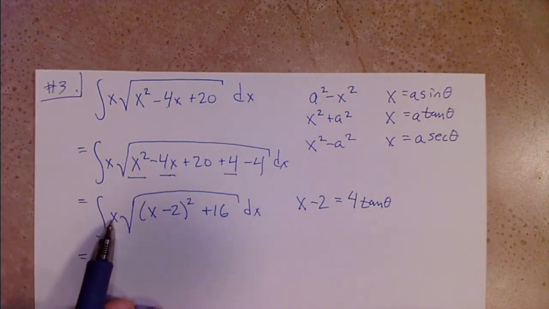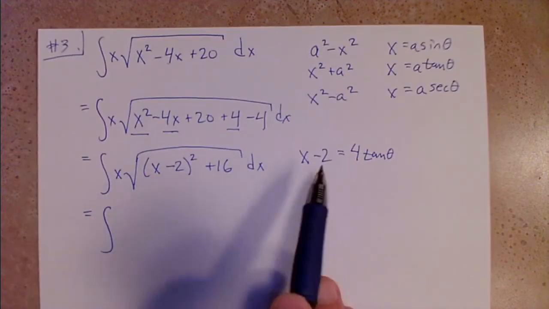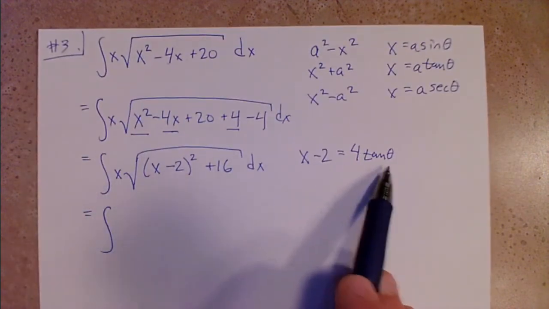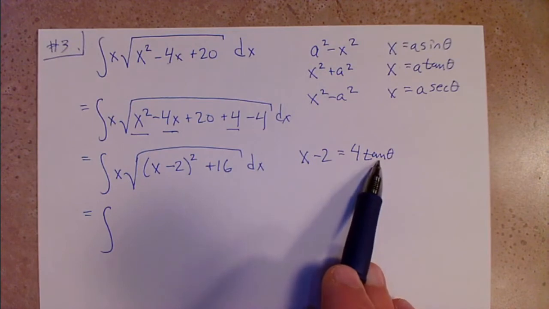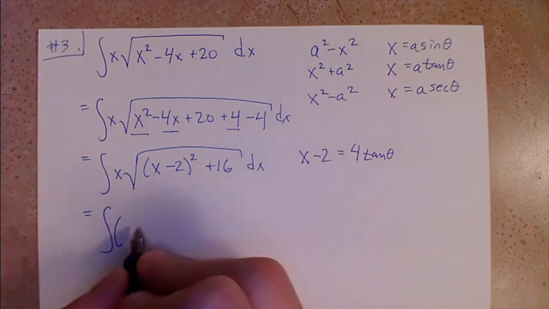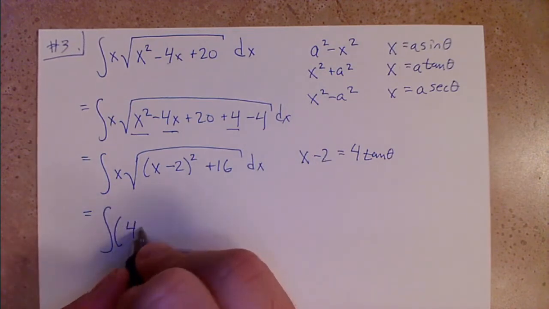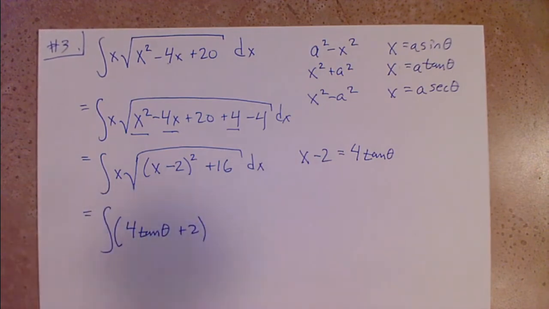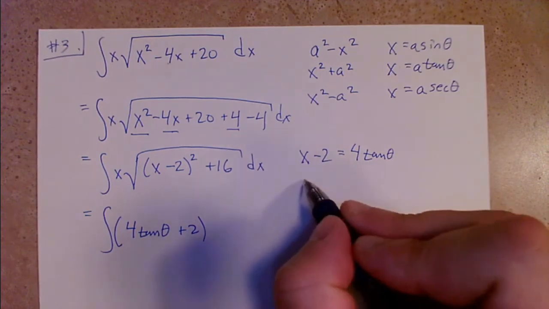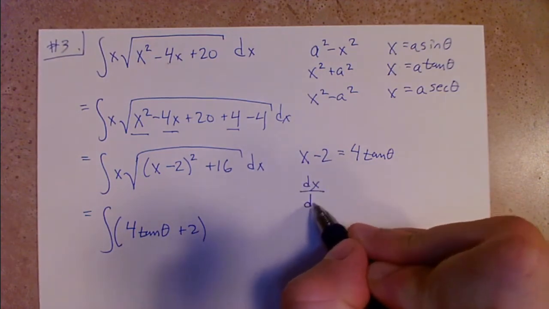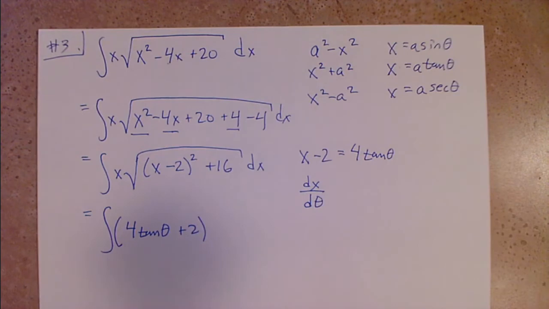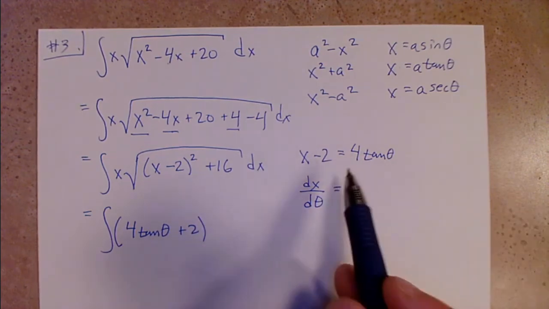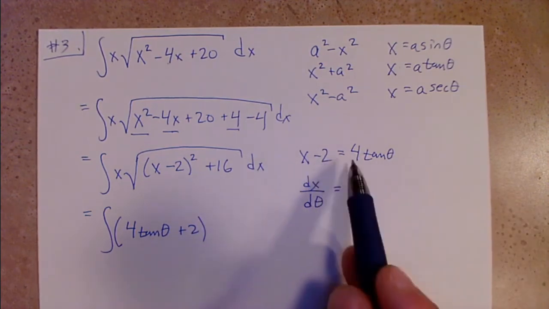So when I substitute x, I'm not just substituting x, I need to add that 2 over, right? So I'm not going to call that 4 tangent theta. This is going to be x, which is 4 tangent theta plus 2, because that's what x is. All right. Now remember, when you do these things, you also need to differentiate x with respect to the new variable theta. So when I differentiate, it doesn't really matter where this 2 goes.